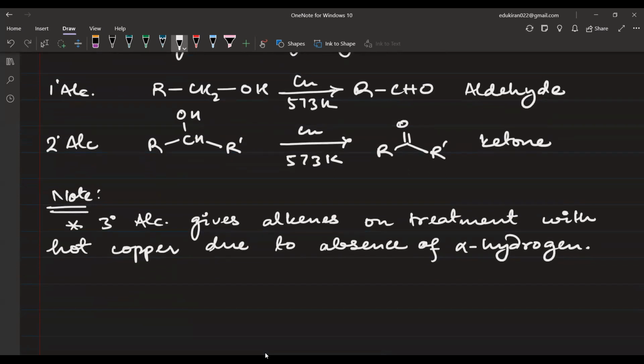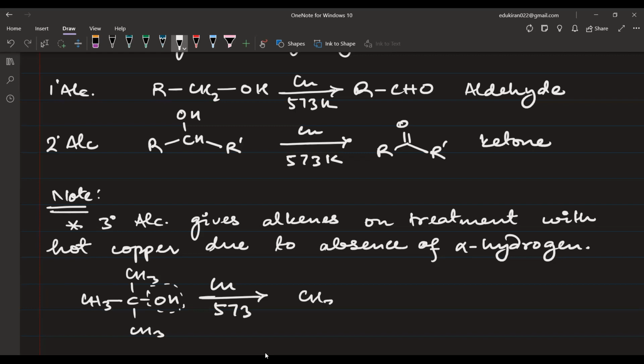Right, the next point in the note. You can check this, we forgot it from the alcohol chapter. So if you have CH3 and CH3, now in the presence of hot copper, what is going to happen? Here dehydration happens. So this OH is being removed and one hydrogen from the carbon atom. So you get CH3.